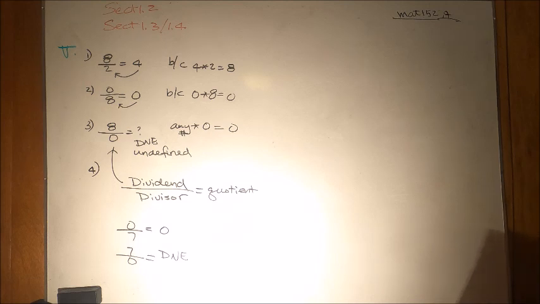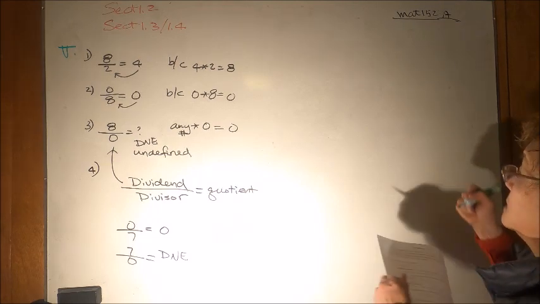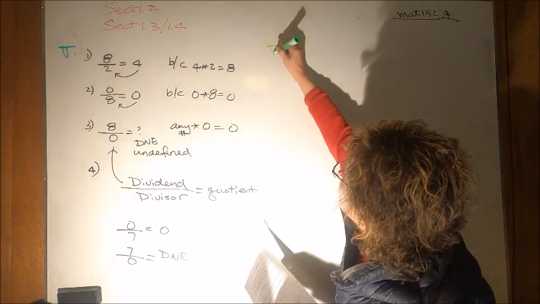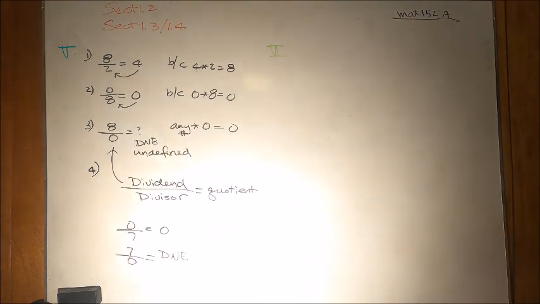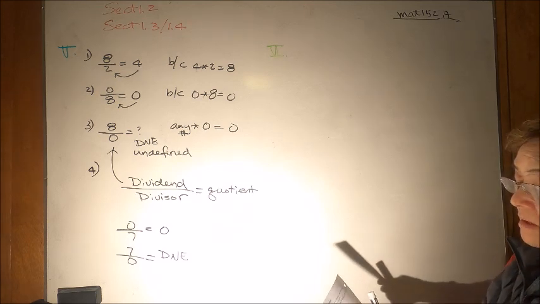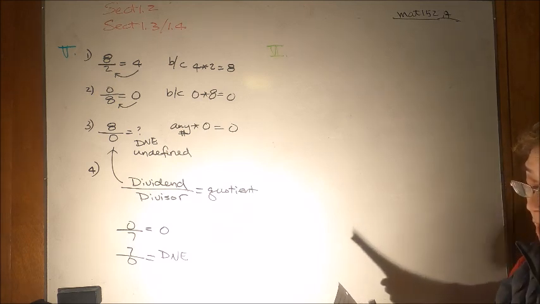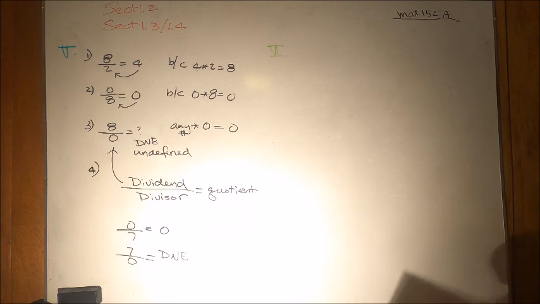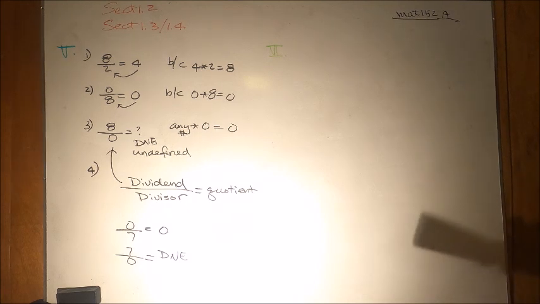Now let's take a look at the next part. Next one, we start to talk about algebra. Math uses algebra to do certain things. And what kind of things do we call algebra?